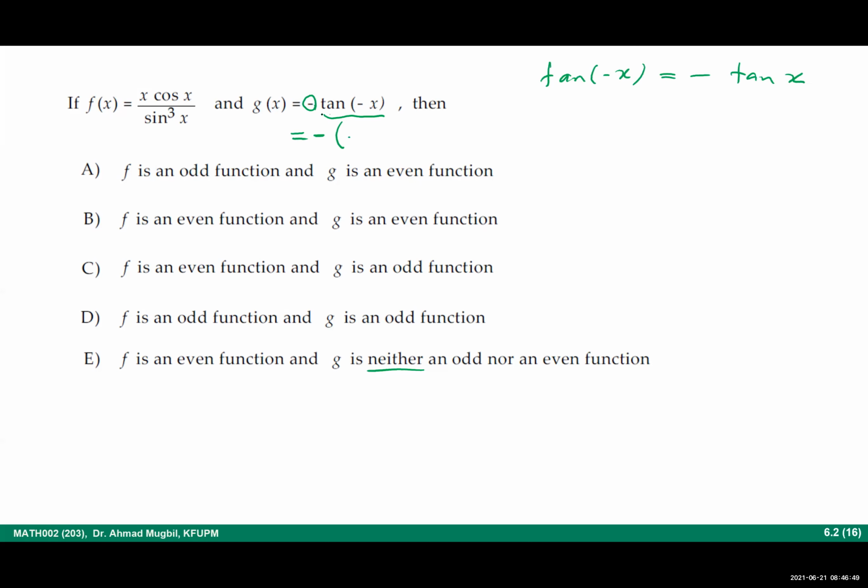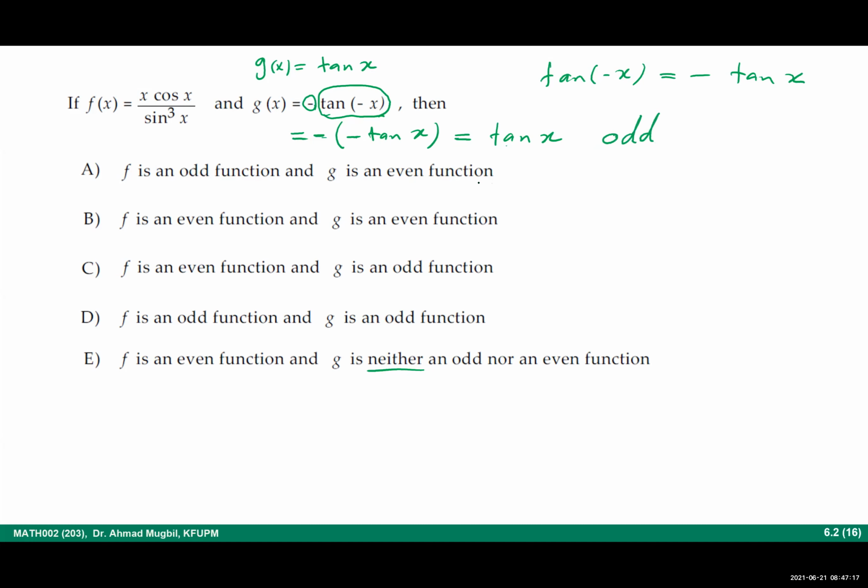So here I will replace this by negative tan x. Now negative times negative is positive. So what is G indeed? G is tan x. So tan x is odd or even? Tangent is odd.